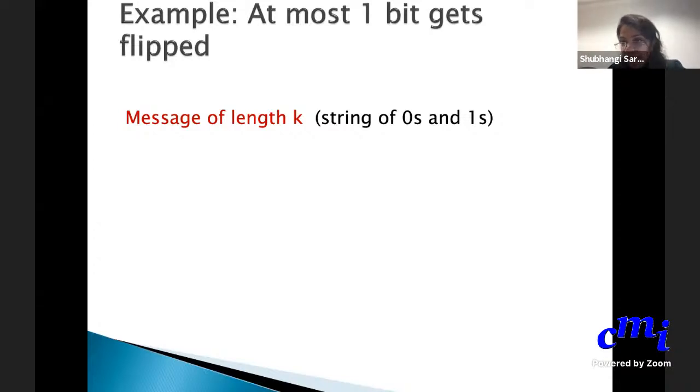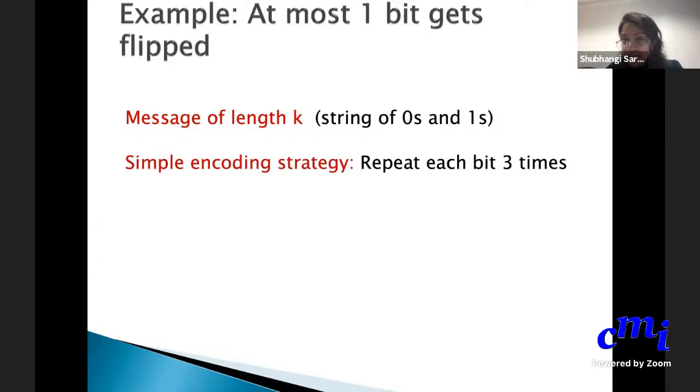Okay, so what can you do to this data? There's a simple, nice scheme which works, which is you take your data, your string of zeros and ones, and you take each bit in this data, each 0 or 1, and you replicate it 3 times.